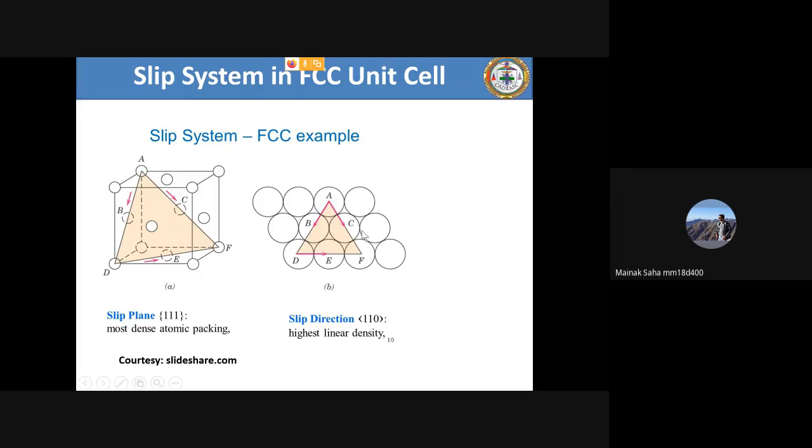Can you tell me, just looking at this figure, how many 110 planes are here? Three. Three count, 6 actually. Is it 6, or how much?